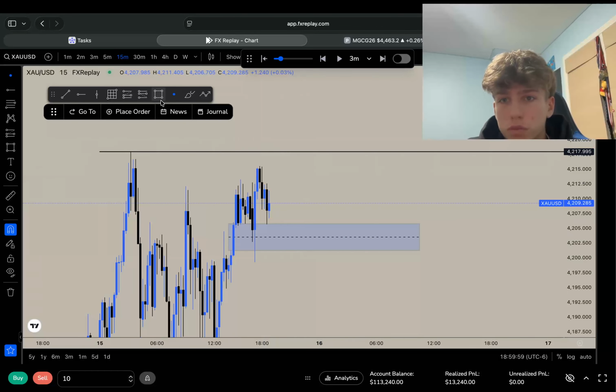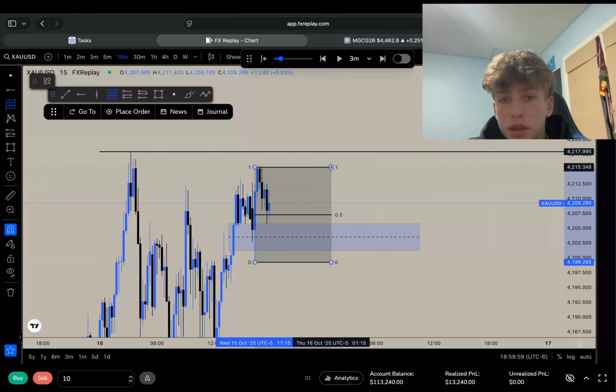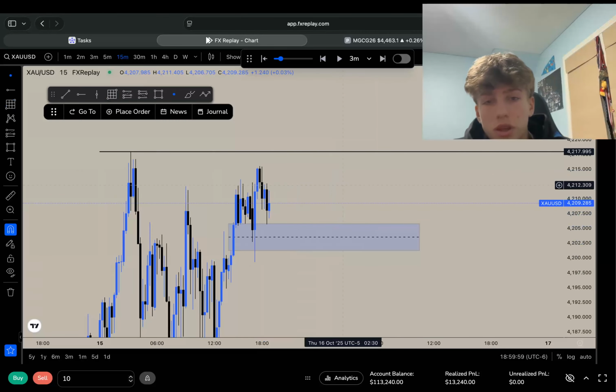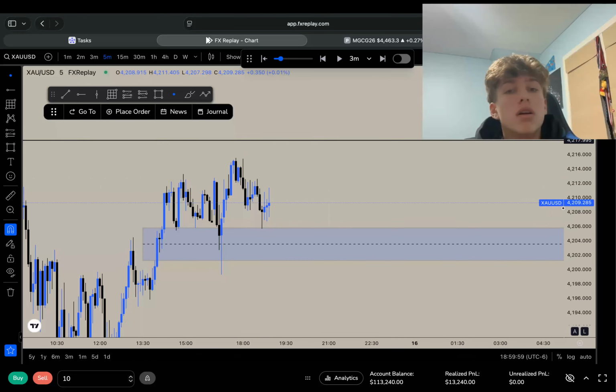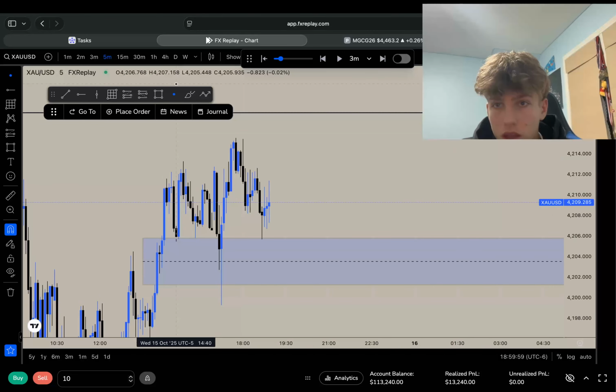So what can we do? We can look for a retracement based off of the swing highs and swing lows, right? So if we mark out our GAN box here, and then we take out equilibrium, but are we entering a trade off of equilibrium? No. Okay, that's important. Do we have a 5-minute fair value gap that we're tapping into? Yes. Okay, we're still respecting this 5-minute here.